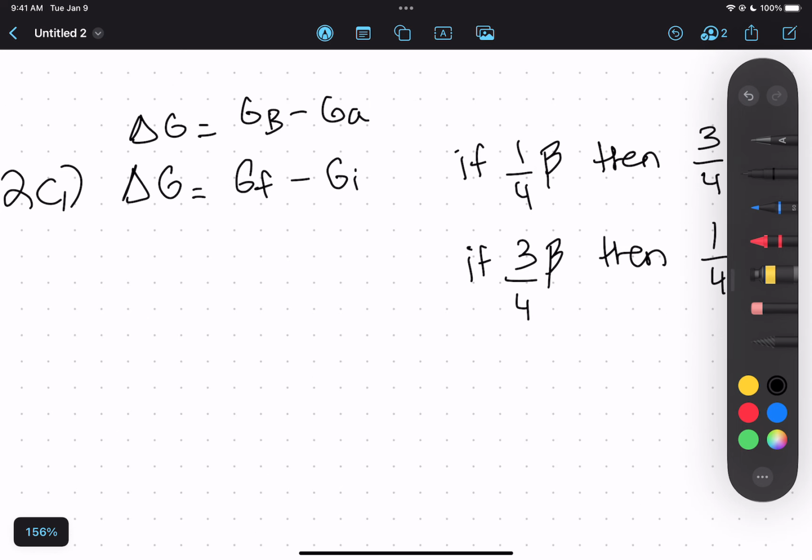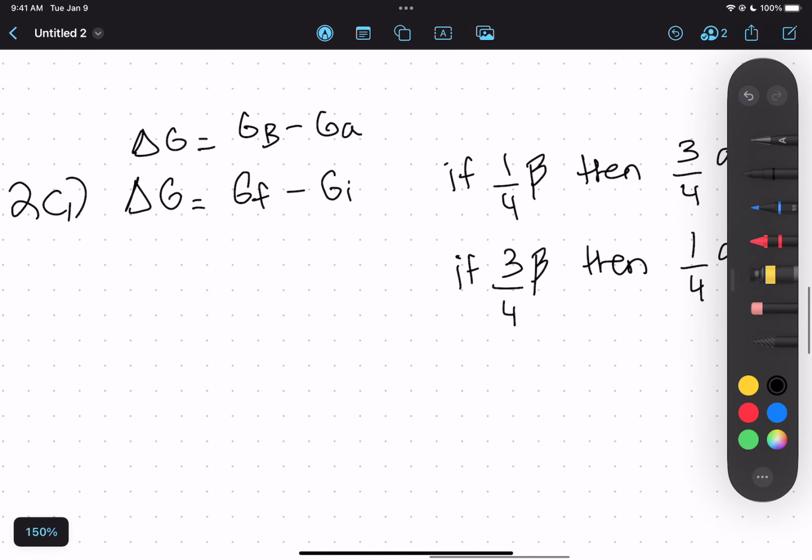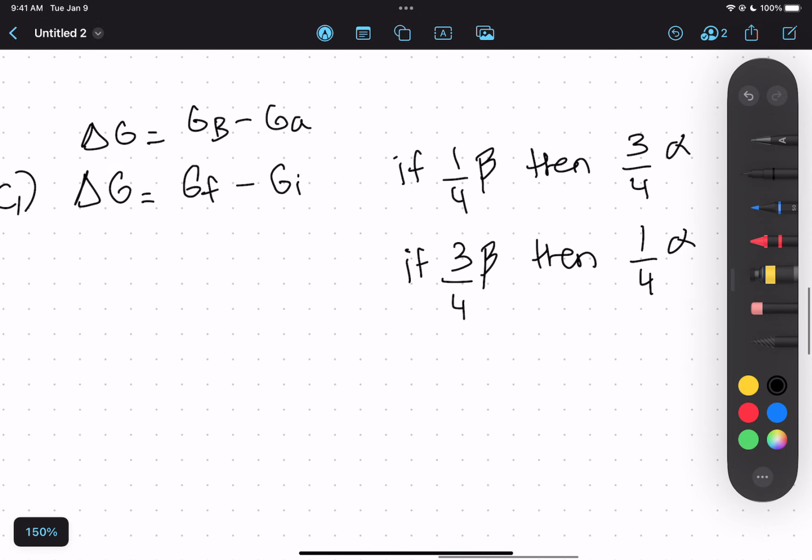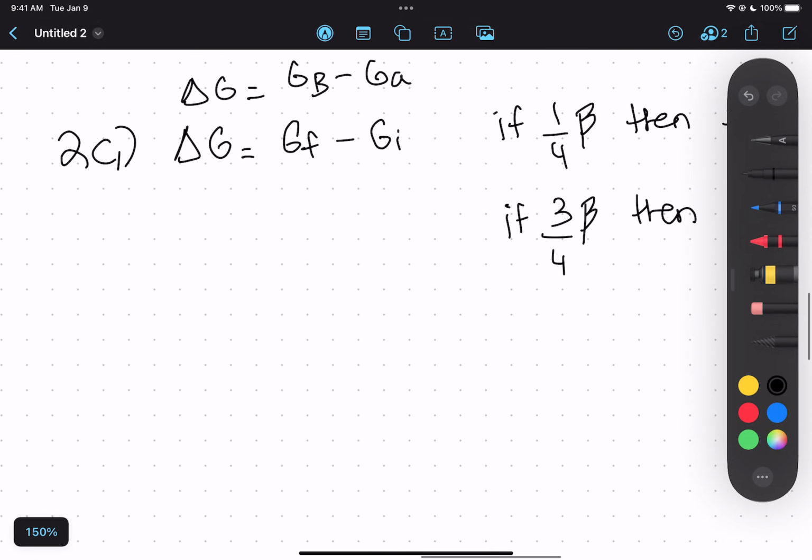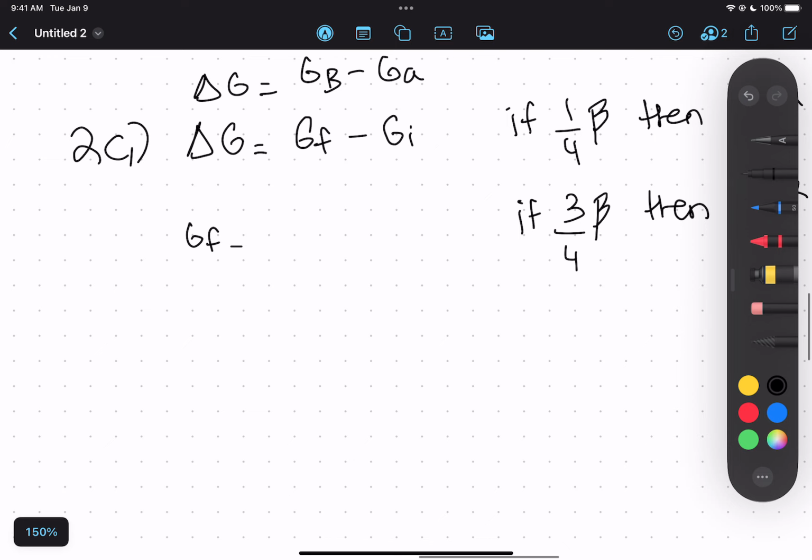If we rewrite this as GF minus GI, your final state should be made up of what? Should it be made up of beta only, alpha only? How can we write GF? Should I say A plus B, A minus B, half of A plus half B? What's going on here?